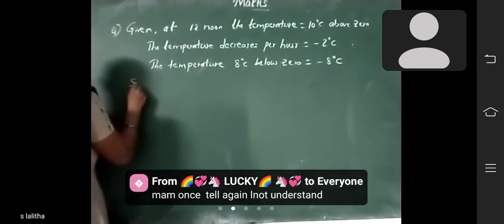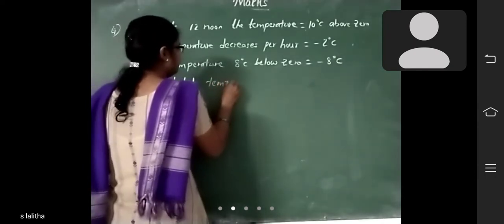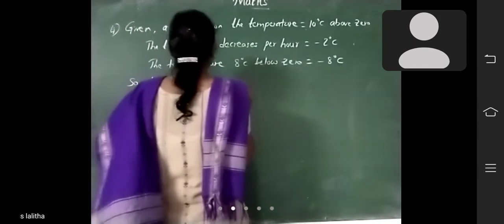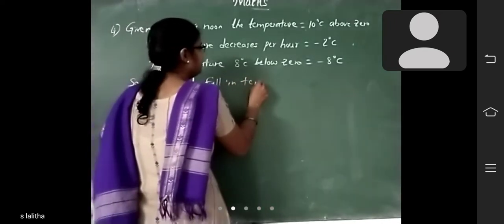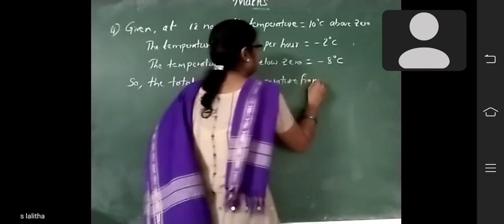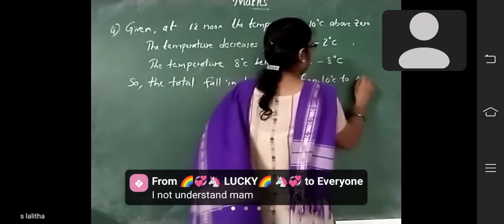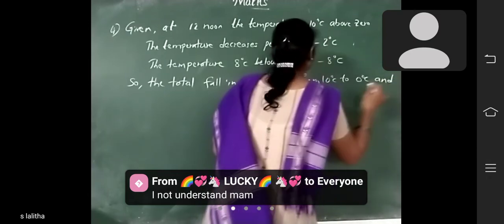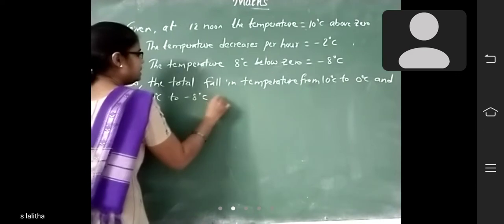So the total falling temperature from 10 degrees centigrade to 0 degrees centigrade and 0 degrees centigrade to minus 8 degrees centigrade.